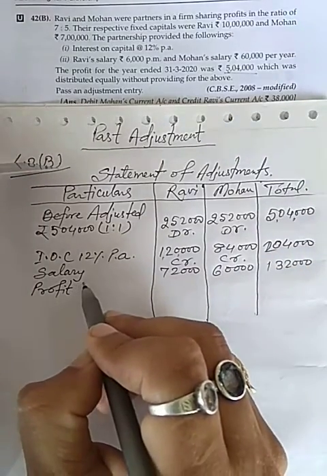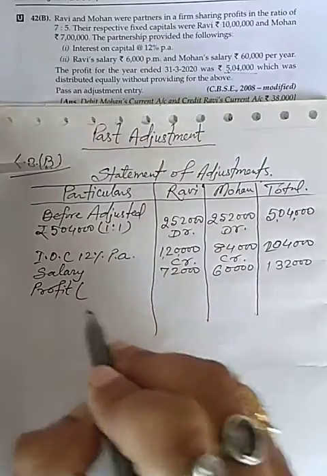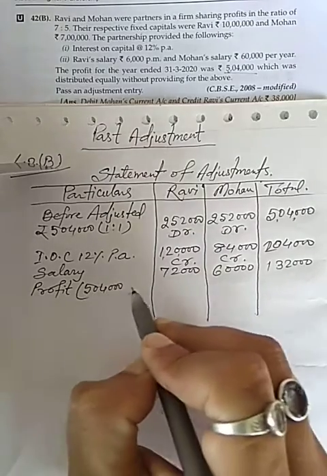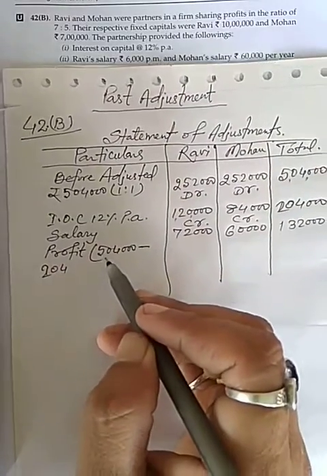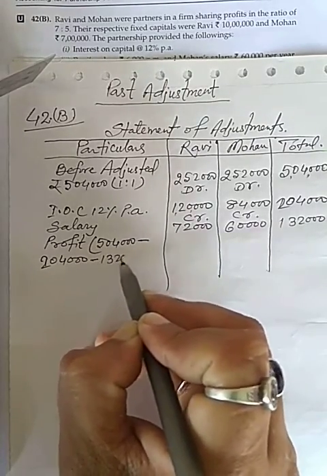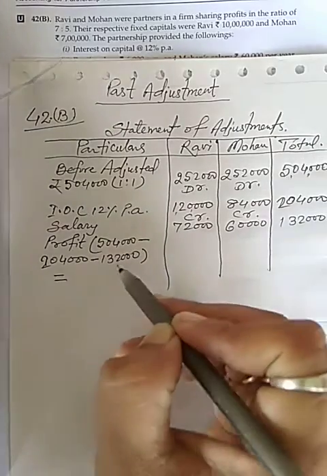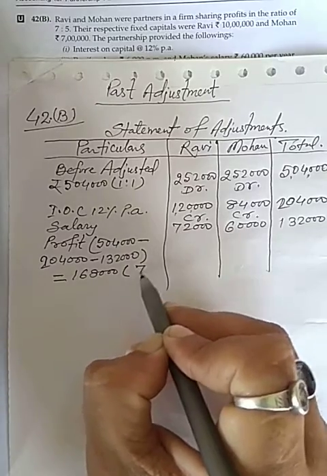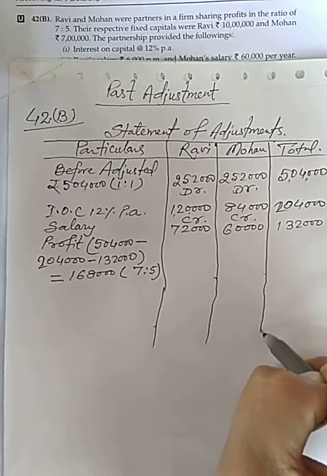When we deduct 2,04,000 and 1,32,000 from 5,04,000, it will remain 1,68,000, and I will distribute it in 7:5, because the question says the ratio is 7:5.